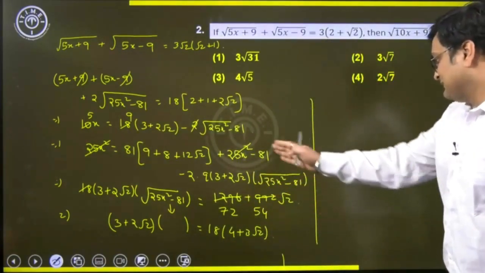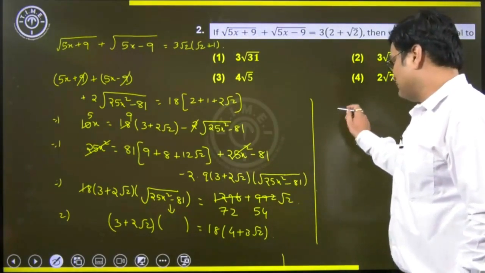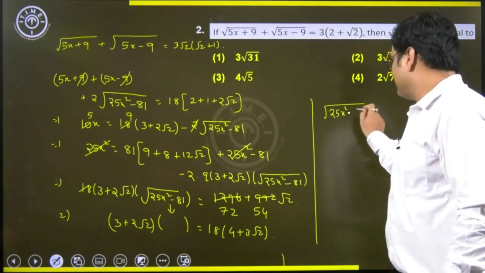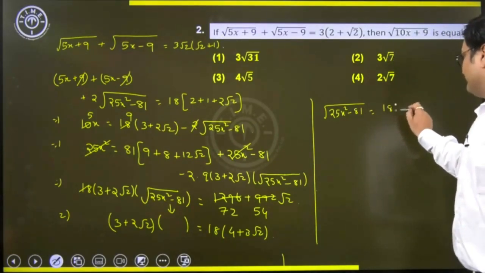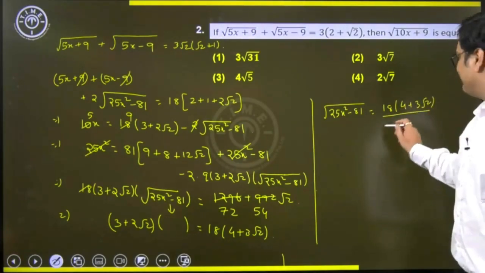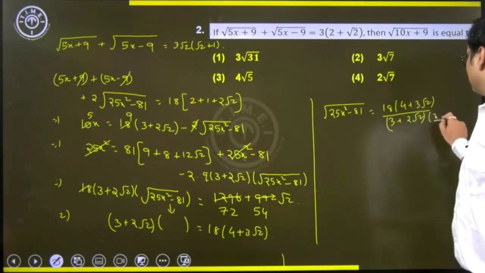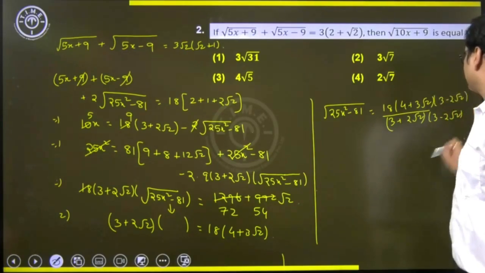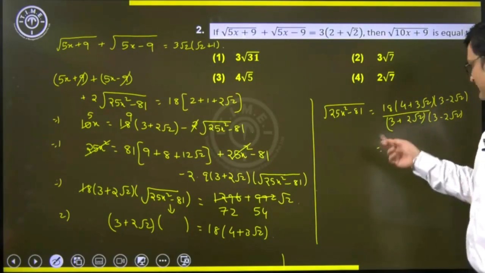If I take that 3 plus 2 root 2 on the other side, root of 25x square minus 81 will be 18 into 4 plus 3 root 2 divided by 3 plus 2 root 2. Now let's rationalize the denominator. The denominator is going to be 1 here: 3 square is 9, 2 root 2 whole square is 8, 9 minus 8 is 1.